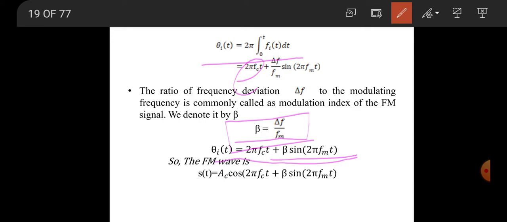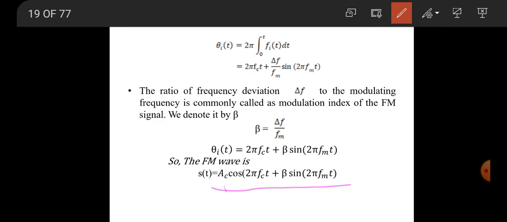If you integrate dt, you will get t, so here you get 2 pi fc t. Finally, s of t, the total angle modulated wave, is Ac cos theta i of t.